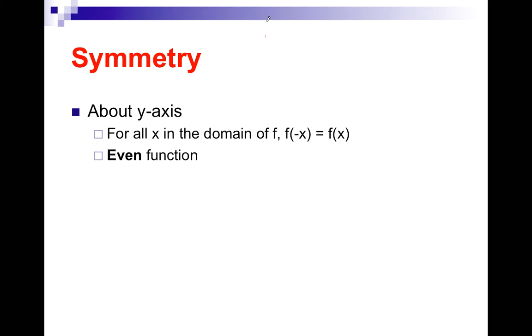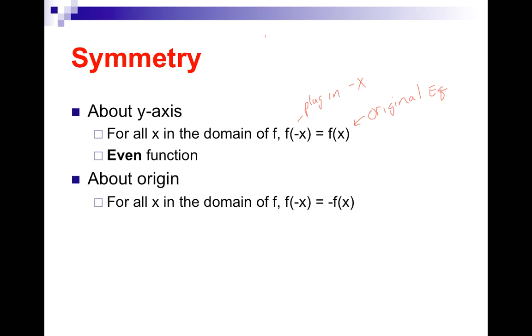So if I gave you the function, actually I have examples in a couple seconds here. If I was to plug in a negative x, meaning plug in the opposite of x, and get out the original equation, then it is even. Likewise, we have symmetry about the origin.